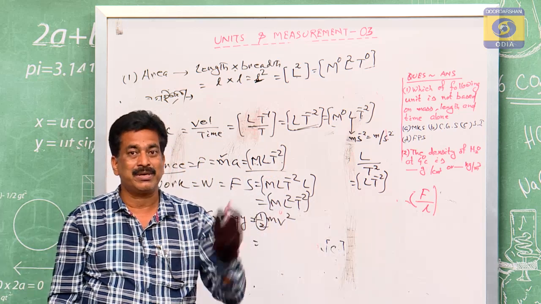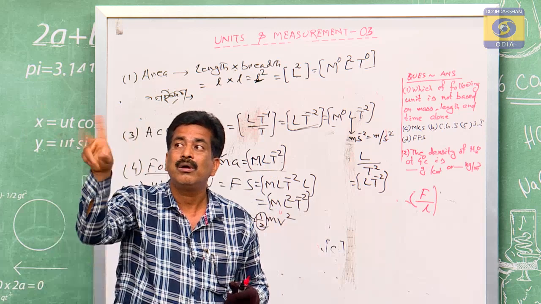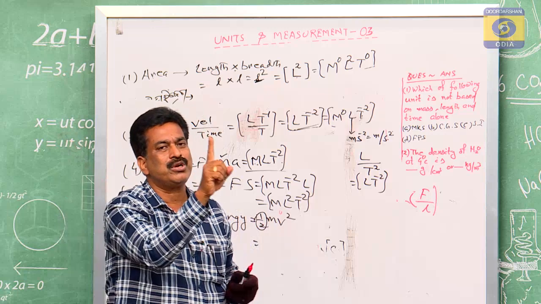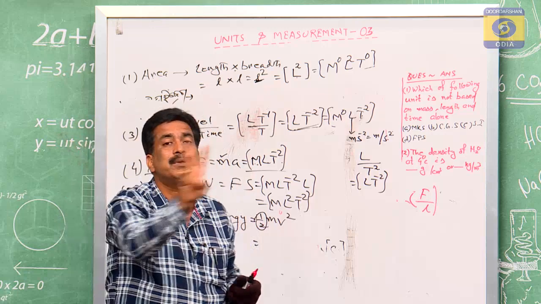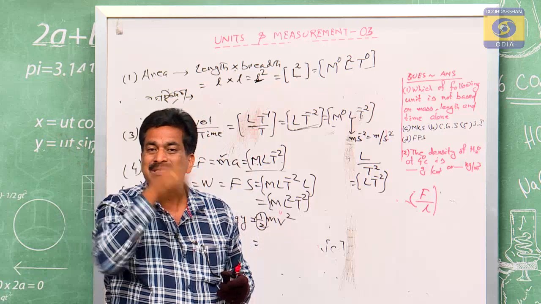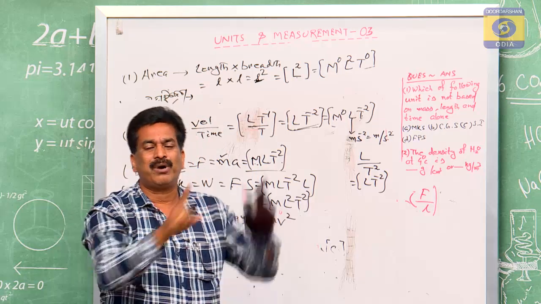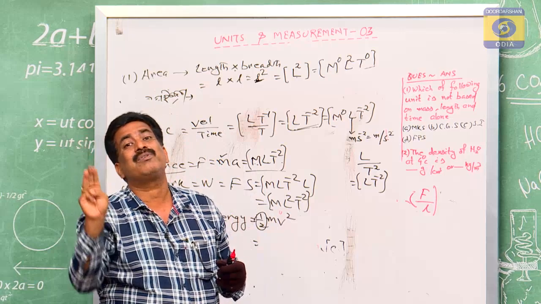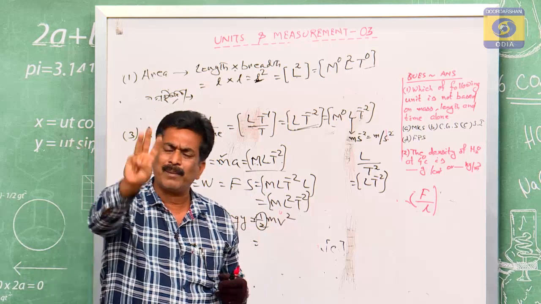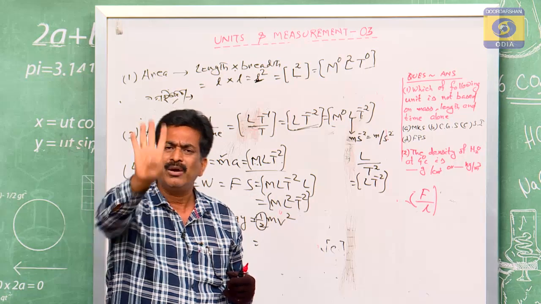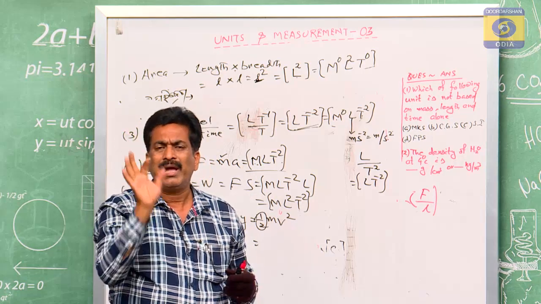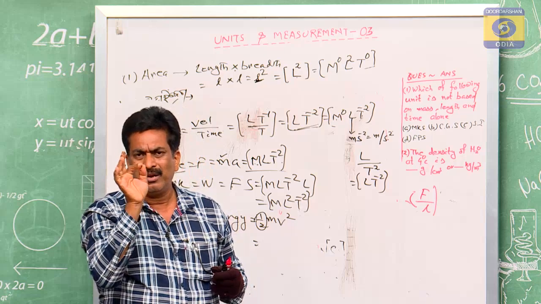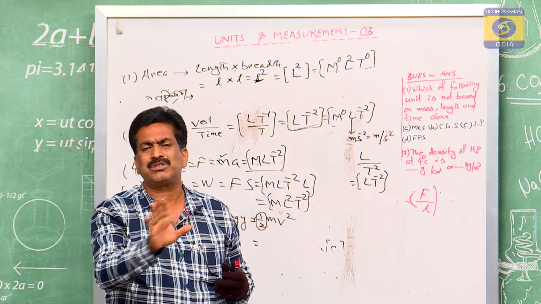For question number 1, what is the second bit? For the question 1, the first one is the question, the second is the number of the bit. For the third, we have to show 3 fingers. For the fourth bit, we have to show 4 fingers. So any physical quantity which has only numerical numbers never has a unit.